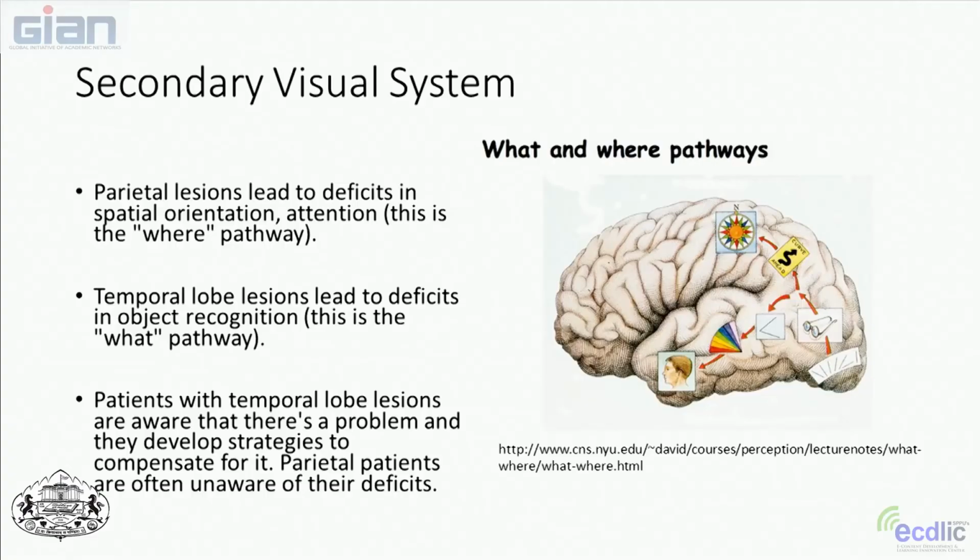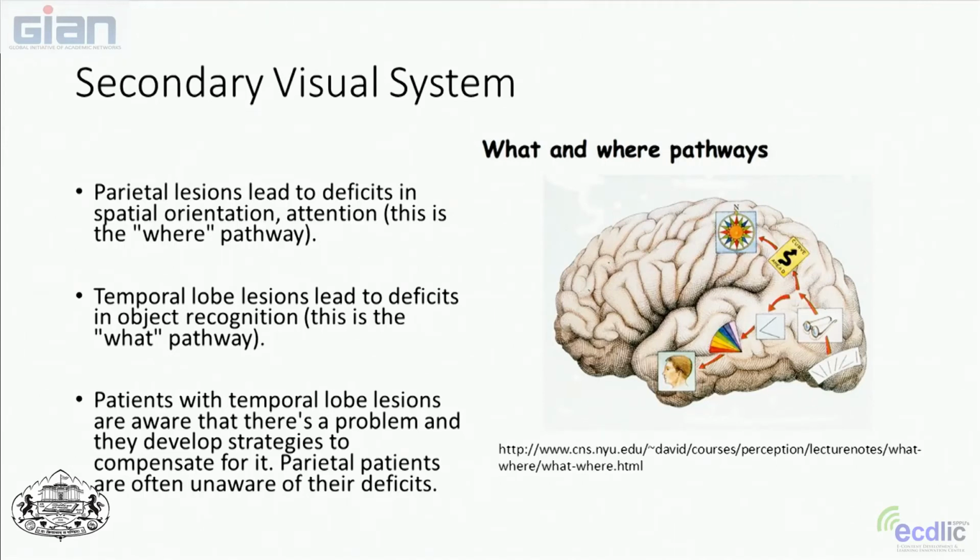If you have a lesion in the parietal lobe, this leads to deficits in spatial orientation and attention. So the parietal lobe is thought to be the where pathway. You see the visual information and you want to orient yourself to where you are, so it goes to the parietal lobe. And like I mentioned, the parietal lobe does a lot of spatial processing and integration of the where information.